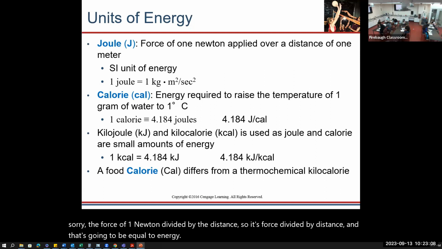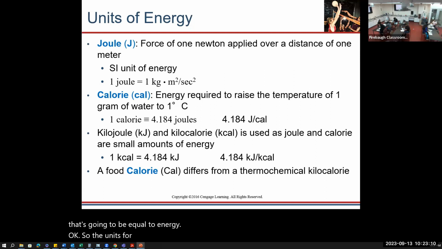Okay, so the units for a joule, the equivalent, 1 joule is going to be equal to 1 kilogram meter squared per second squared.